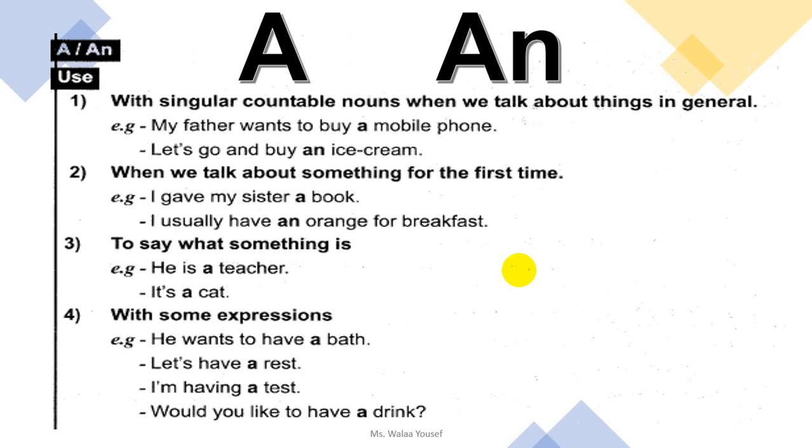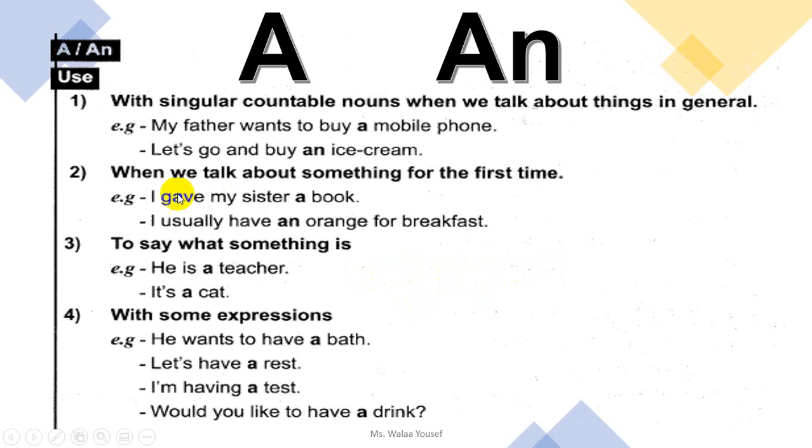We put a before the words that start with a consonant sound. Consonant sound, any letters of alphabetical order. But an, we put an before nouns which start with vowel sounds. A, E, I, O, U. Okay.